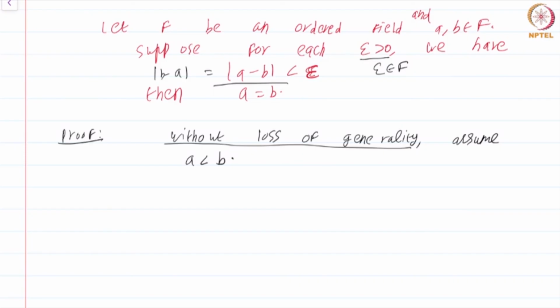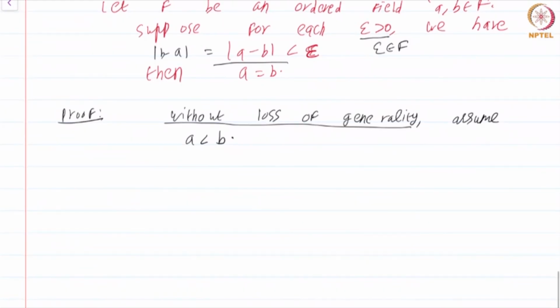Okay. So how does this go? Well, I want to show that this leads to a contradiction. The fact that is given to me is that mod a minus b can be made less than epsilon no matter what epsilon that is. So I have to choose a special epsilon. I choose epsilon to be (b minus a) by 2. Now this is a positive quantity simply because a is less than b.